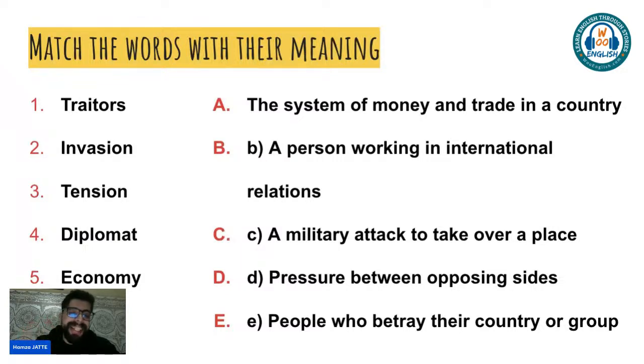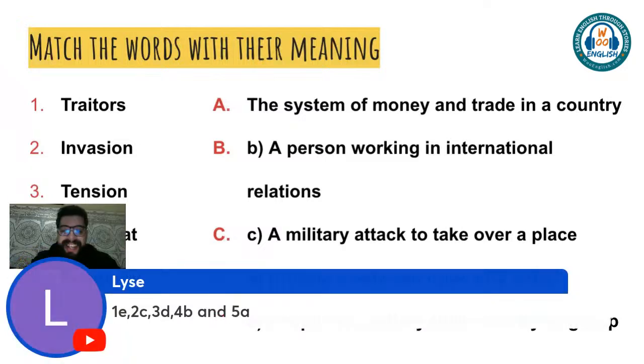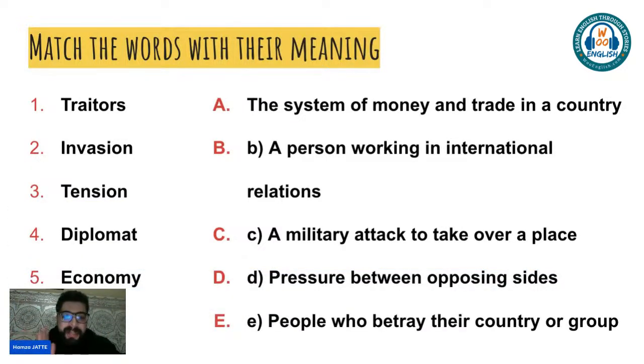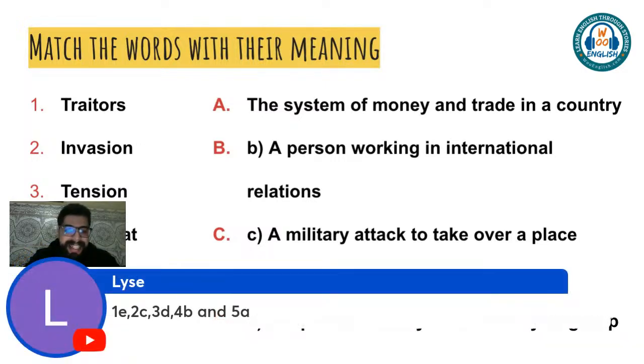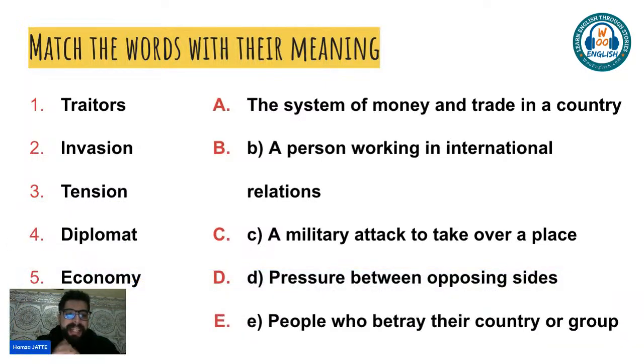I can already see Lise did everything, so let's check her answers. One is E, meaning a traitor is people who betray their country or group. Perfect. Two is C, invasion, a military attack to take over a place. Perfect.